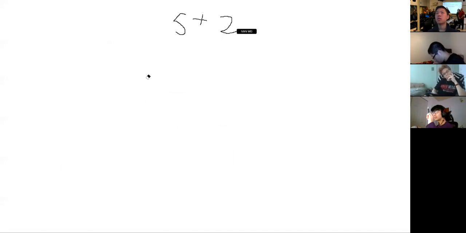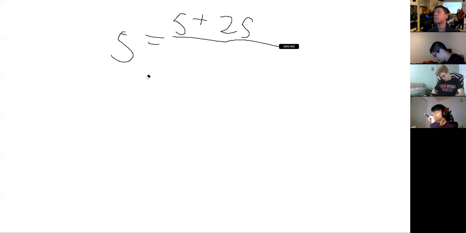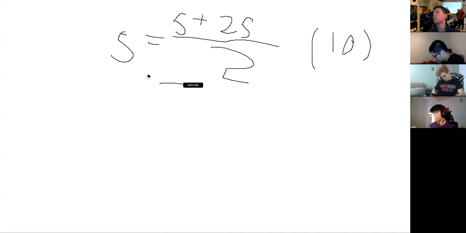Okay, so you have two parts, and the first part is the accelerating part. So you use s equals initial plus final over 2 times time, which is 10, and that's 150.